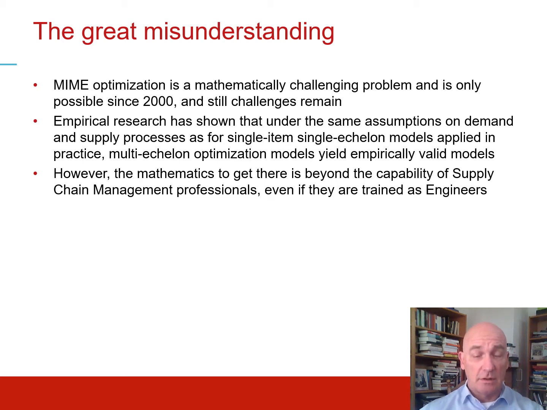That gave us some solid ground for saying, okay, let's move on and see if we can then also use such a multi-echelon approach for proposing optimal safety stocks, for example. And of course, still optimal only exists in the context of a model, but still we have been able to make steps to do so.